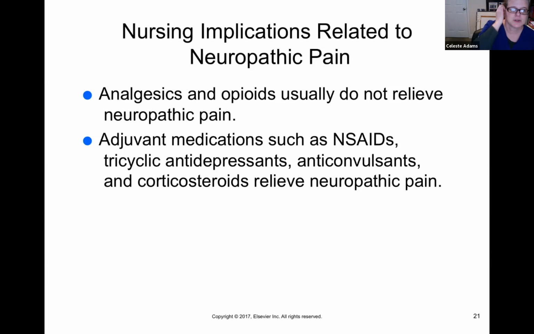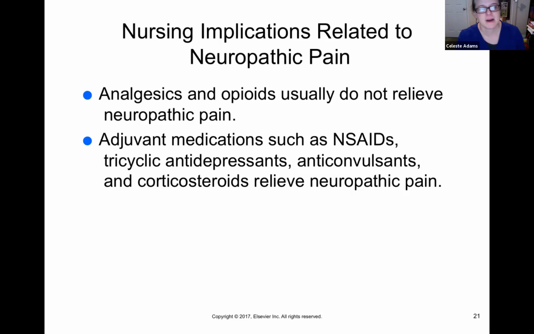So those are some medicines in addition to that nerve therapy, to getting to that nerve cellular level. These would be other medications that would help to relieve that neuropathic pain.